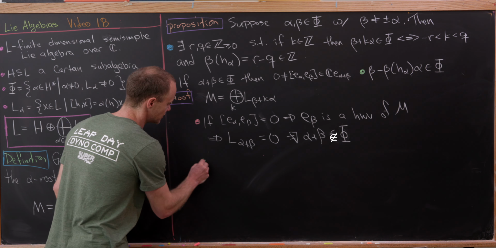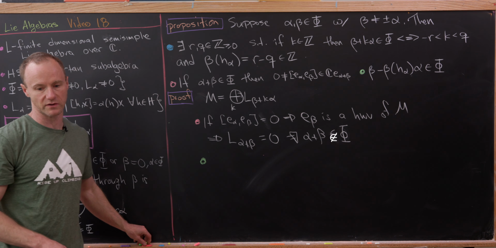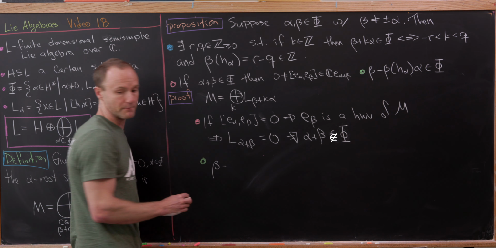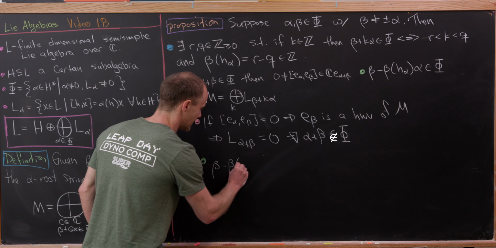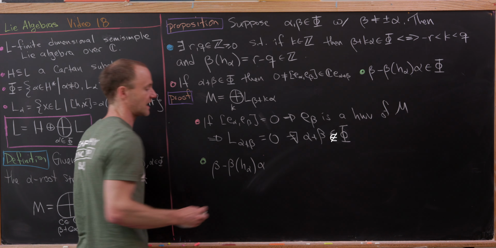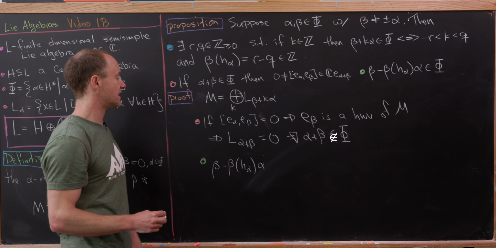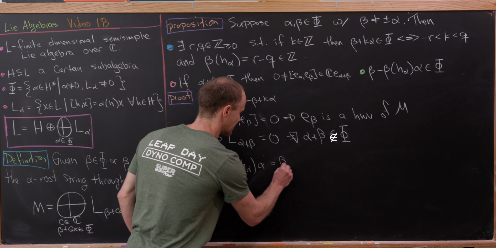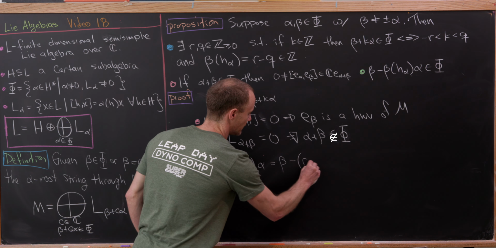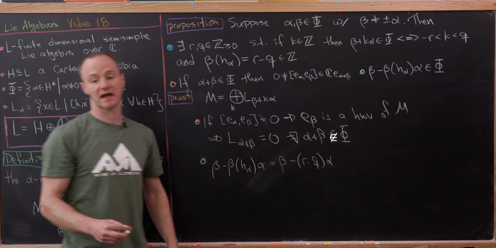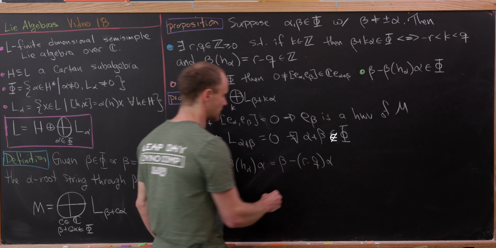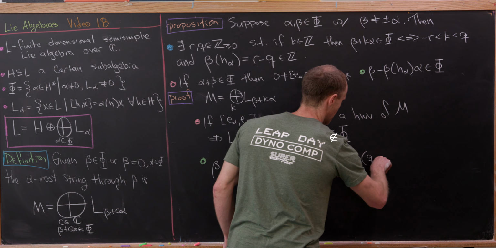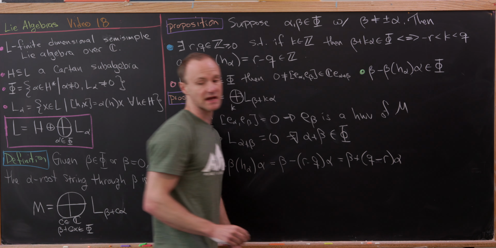And now we can actually just quickly move on to this green dot. So let's maybe note the following. So we're going to do beta minus beta evaluated at h alpha times alpha. So we know beta evaluated at h alpha, that's this r minus q. So that's going to give us beta minus r minus q times alpha. But then observe that we can rewrite that as beta plus q minus r times alpha.